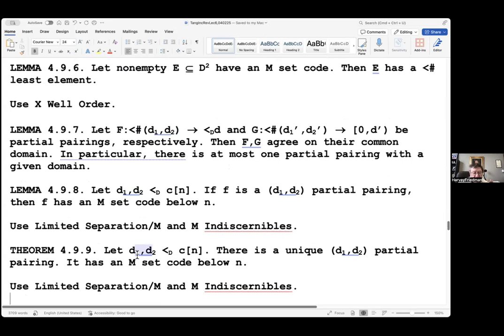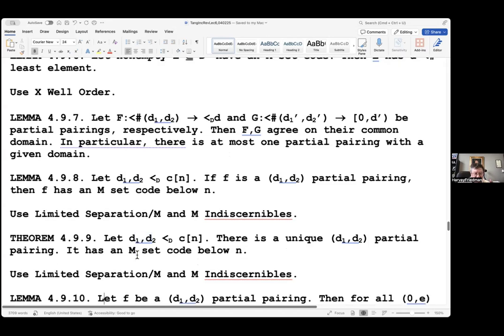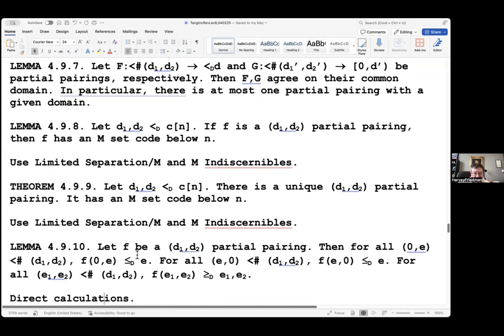All right. If D1 and D2 are below Cn, if F is a D1, D2 partial pairing, then F has an M-set code below N. Okay, use limited separation and indiscernibles for that. And let D1 and D2 be below Cn, then there's a unique D1, D2 partial pairing.